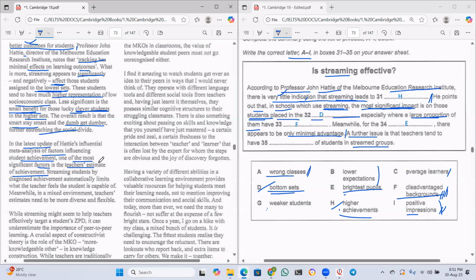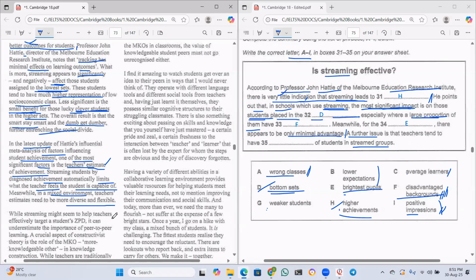Okay, he's talking about teacher's estimate now. Streaming students by diagnosed achievement automatically limits what the teacher feels the student is capable of. So streaming students is automatically limiting what the teacher feels. Meanwhile, in mixed environments, the teacher's estimate needs to be more diverse and flexible.